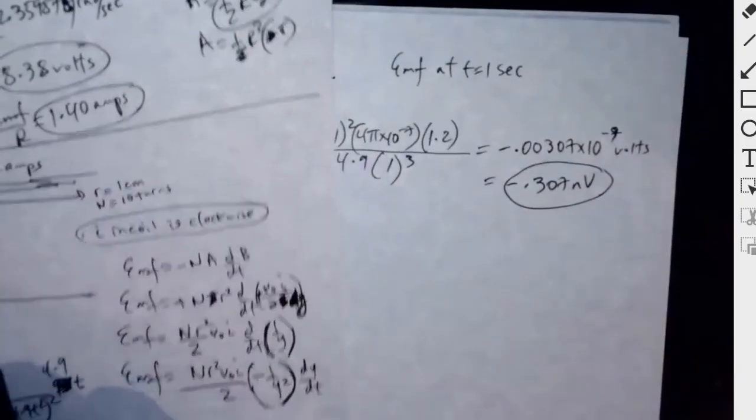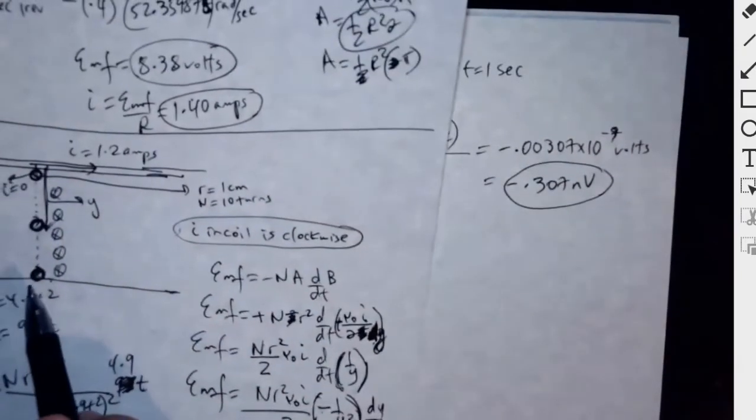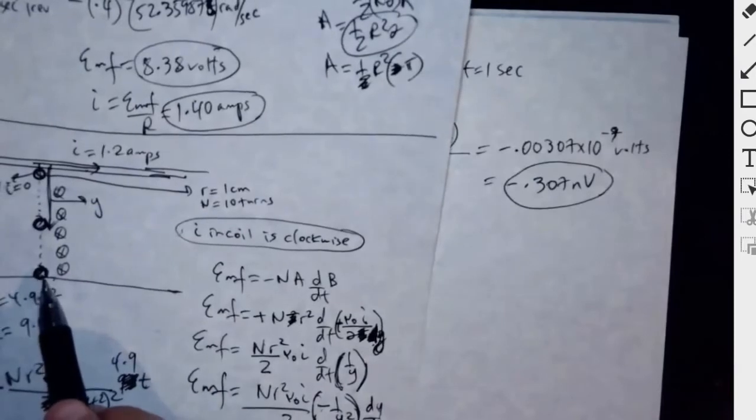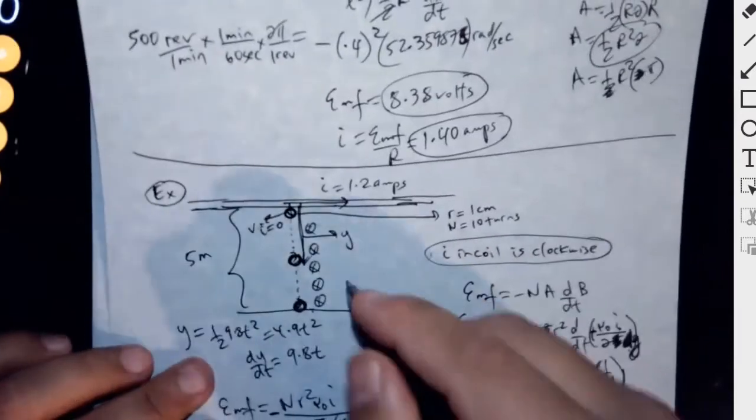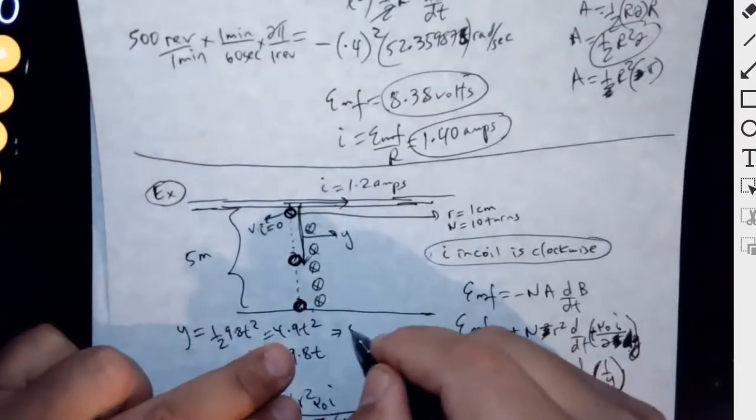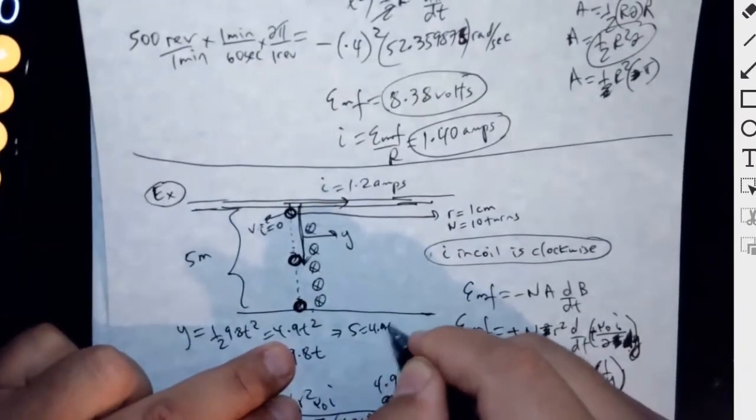Okay, how about the final EMF when it hits the ground? When it hits the ground right here. So then we have to find the time that it takes to hit the ground, right? If the height is 5 meters, then you just say 5 is equal to 4.9 t squared.